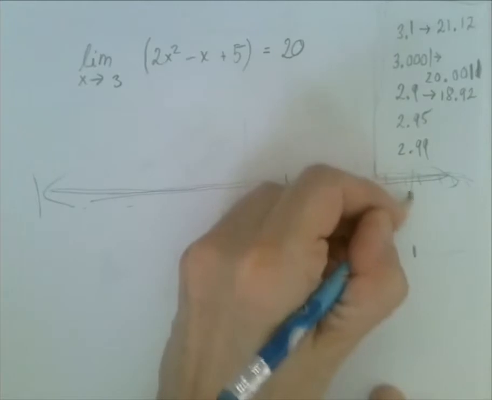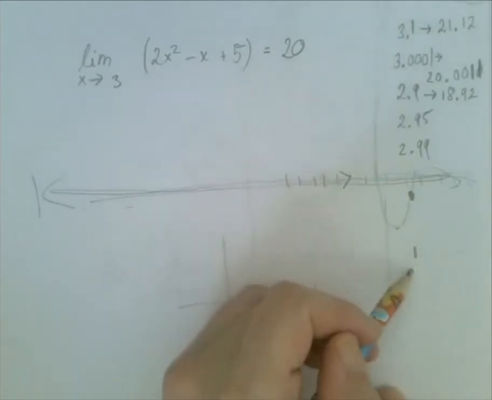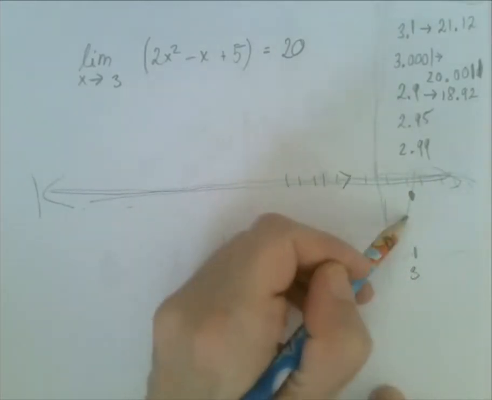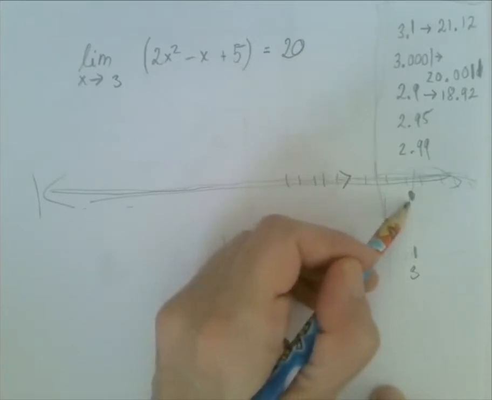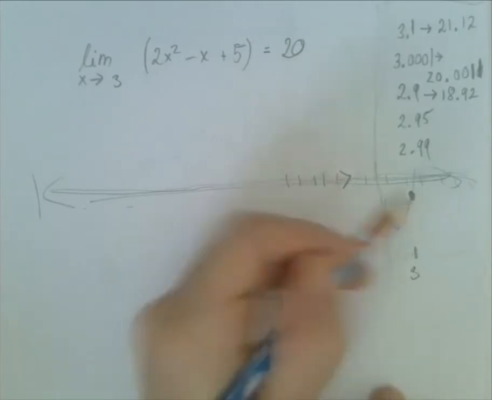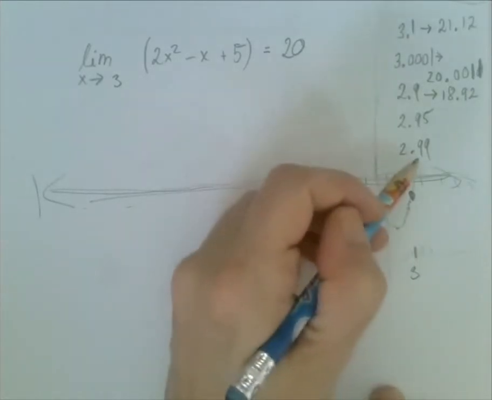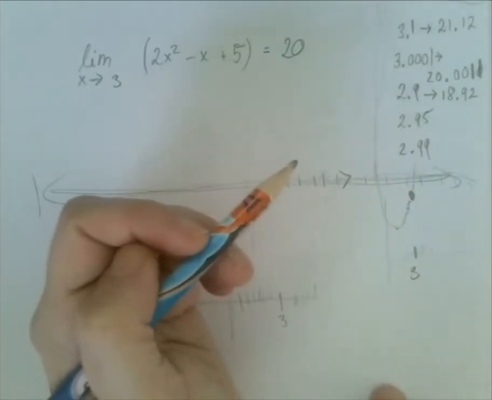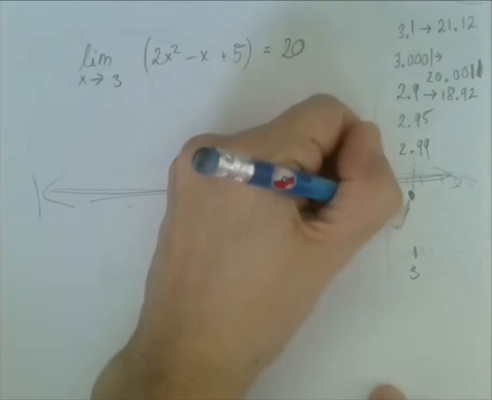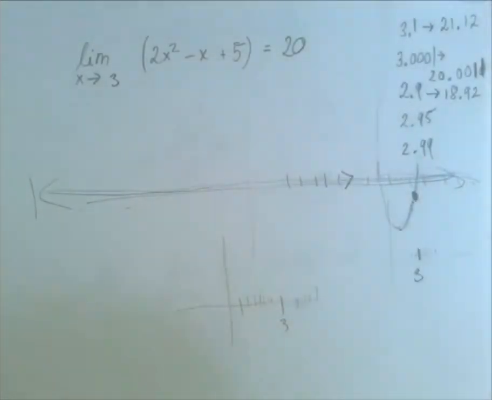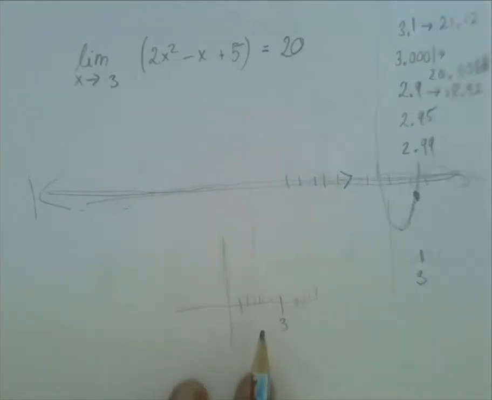So say this is 3. When we're below 3, the y values will be below 20. And when we're above 3 on the x-axis, the y values are going to be above 20. That's just because the function, if you read it left to right, increases at that interval. But that's not always the case. Functions can behave quite temperamentally.